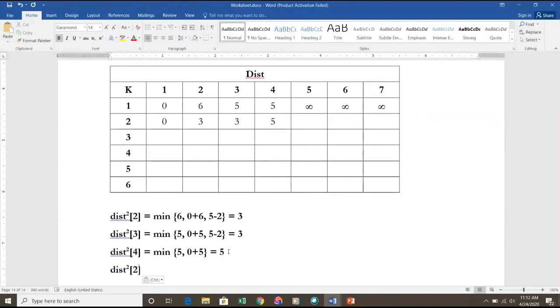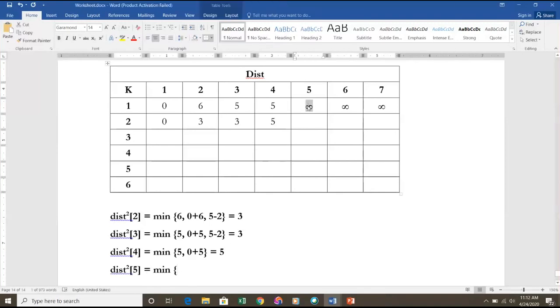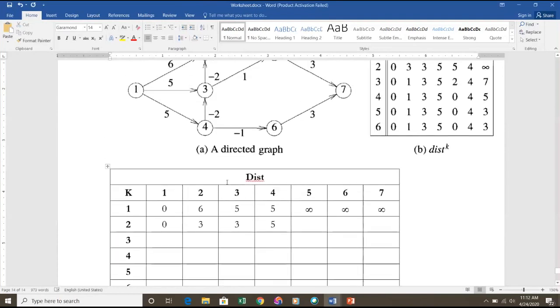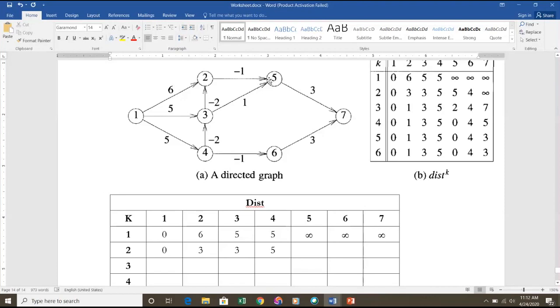The next step, dist of 5. Dist of 5 is equal to min of, what is the previous value of 5? It is infinity. See which are the edges that are incident. There are two edges, one from 2, the other from 3. What is the cost of 2 in the previous step?